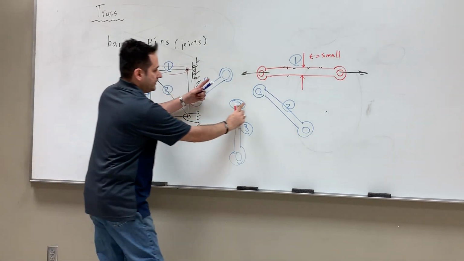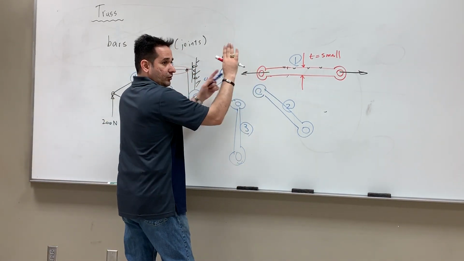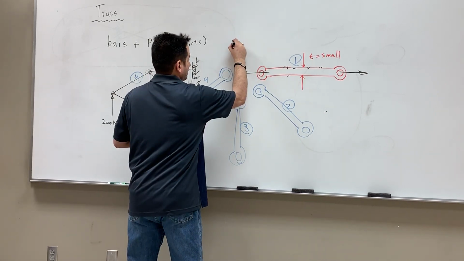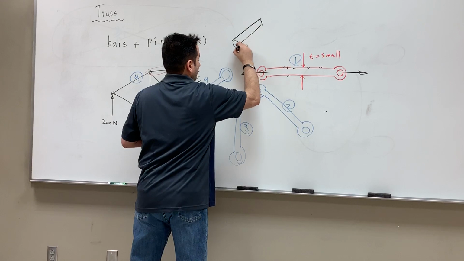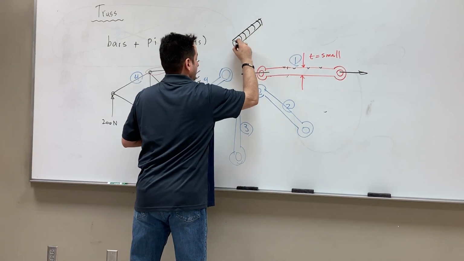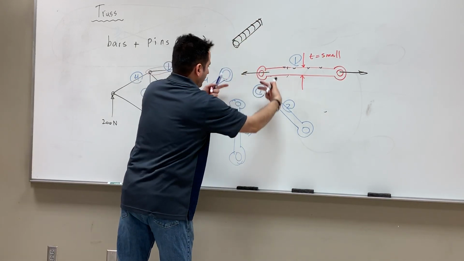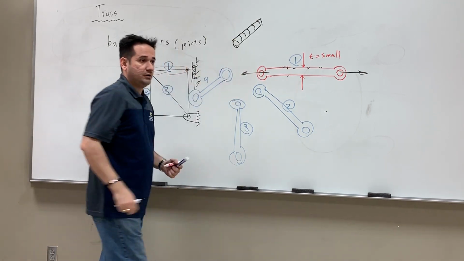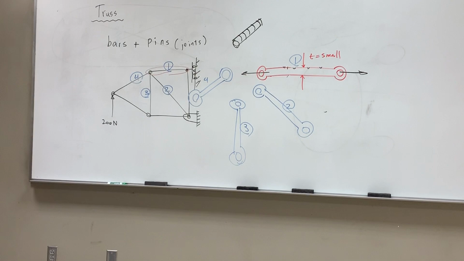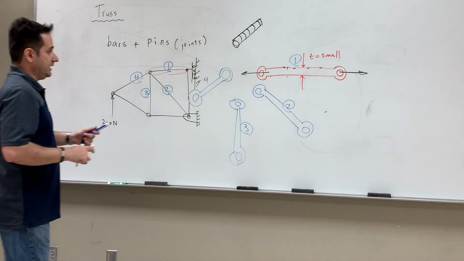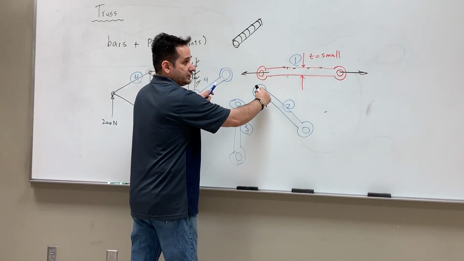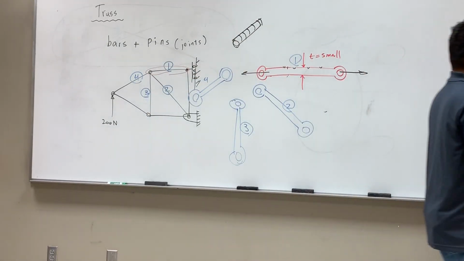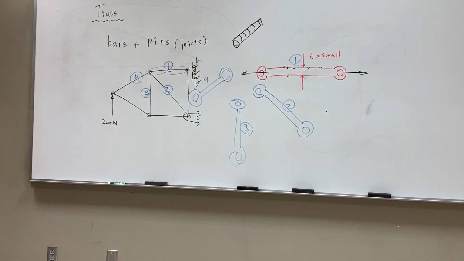If you put all of these over each other and have a pin, this is a pin, right? So if you put all of these on each other and then put this pin in the hole, and assume that there is no friction, then this pin connection or joint connection is happening everywhere in the truss.